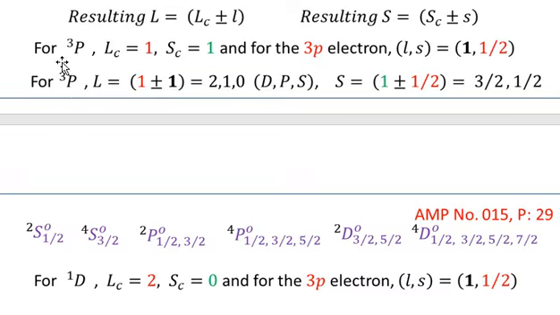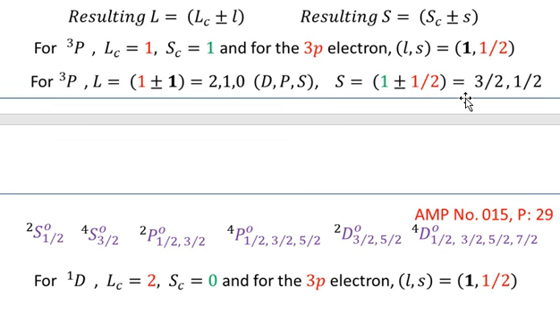When I coupled the 3p electrons, that is, when I coupled the angular momenta of the 3p electrons, I obtained these three terms, D, P, and S, these three term symbols, along with the total value of capital S. 3/2 corresponds to multiplicity 4, and 1/2 corresponds to multiplicity 2.